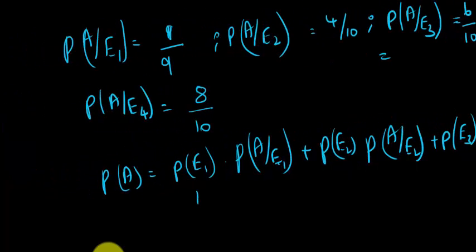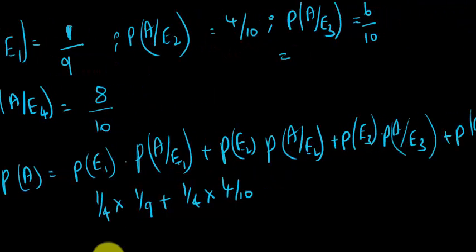I've already found that as 1/4 into probability of A given that E1 has occurred is 1/9 plus 1/4 into A given that E2 has occurred is 4/10 plus again 1/4 into probability of A 6 by 10 plus then probability of E4 and 8 by 10.